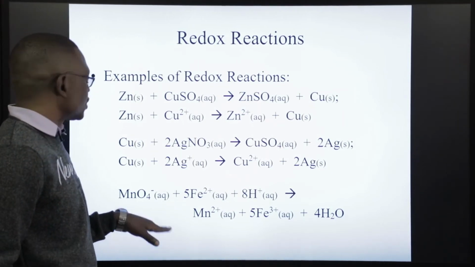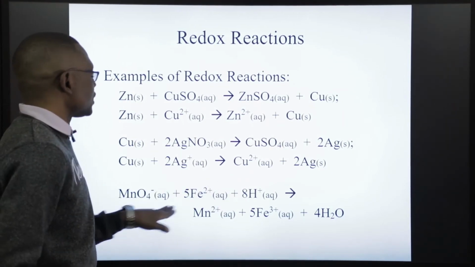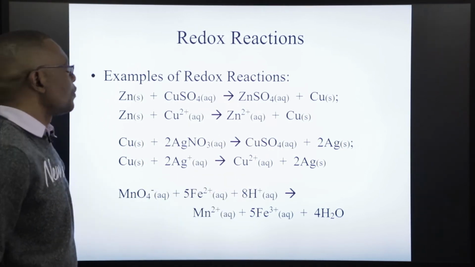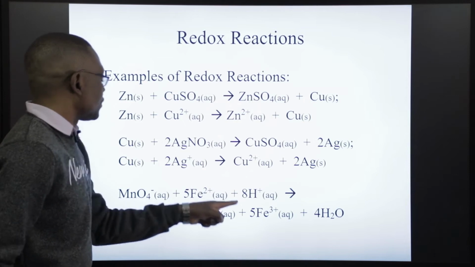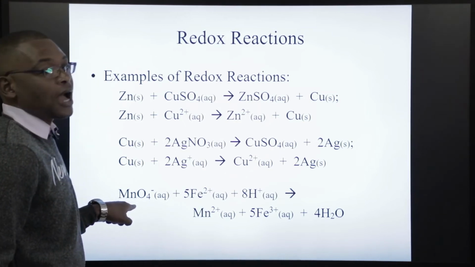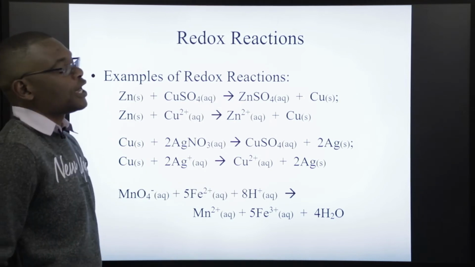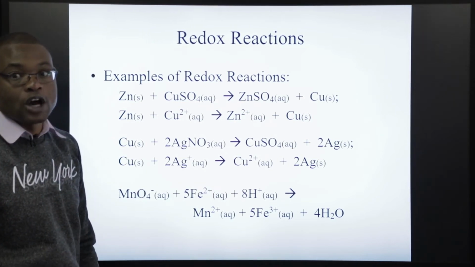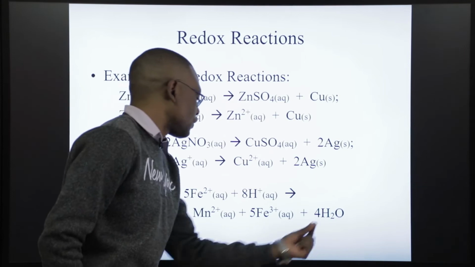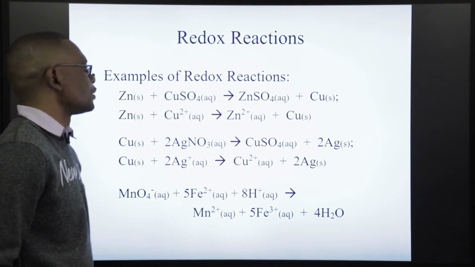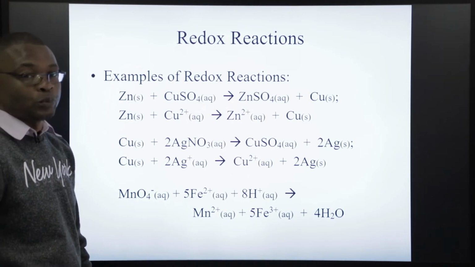So the only thing that is happening here is just a rearrangement of the oxygen. In other words, while the manganate ion is undergoing reduction, the H+ is not undergoing any oxidation. So here's the interesting thing, what is now happening with the iron 2+ ion.